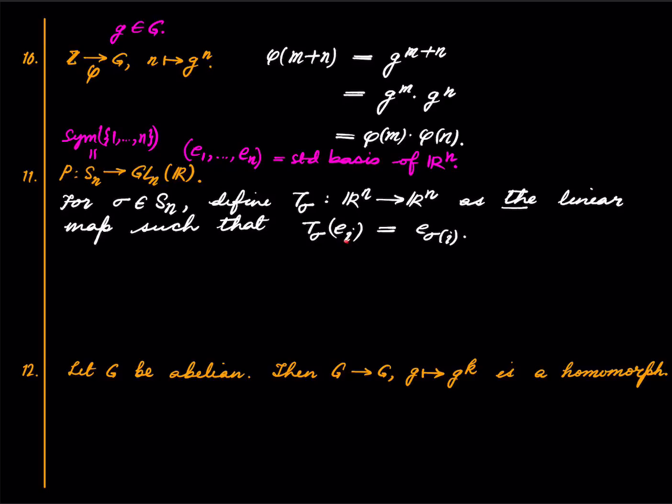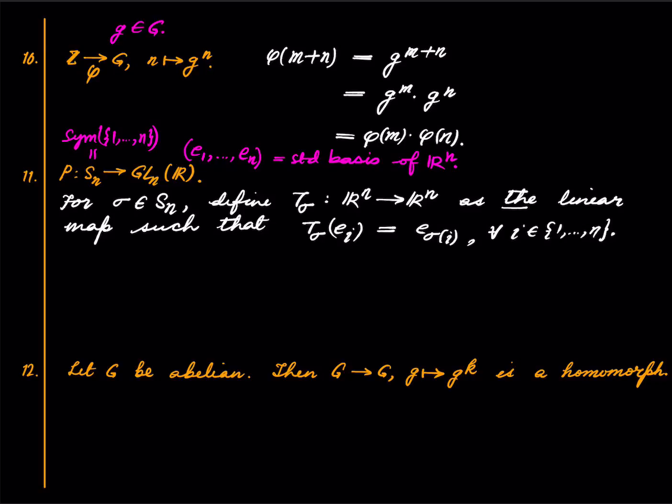So sigma is a permutation of the first n integers, and the map T_sigma is defined as the unique linear map which behaves like this for all i in 1 up to n. A linear map is decided as soon as we decide where the basis elements go. So this is a legitimate definition of a linear map.